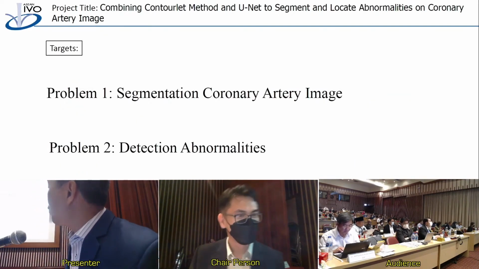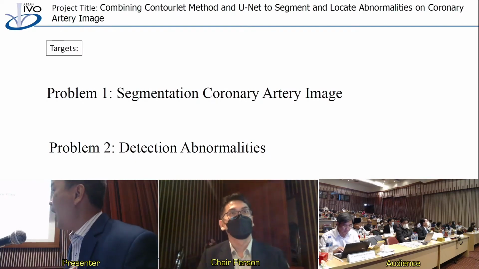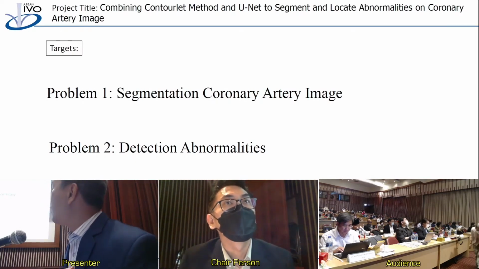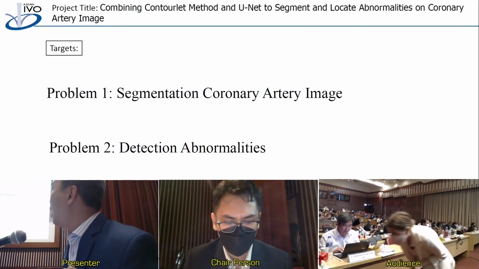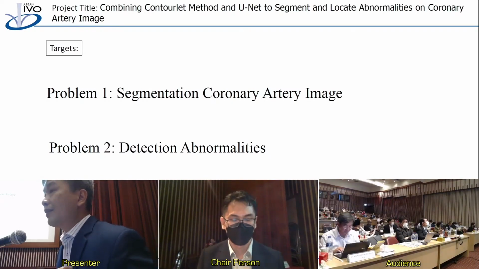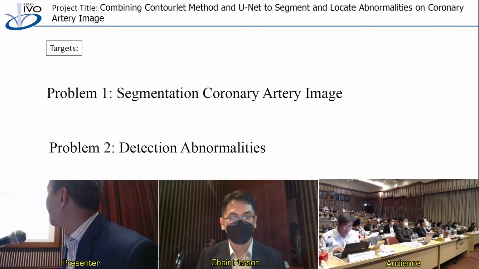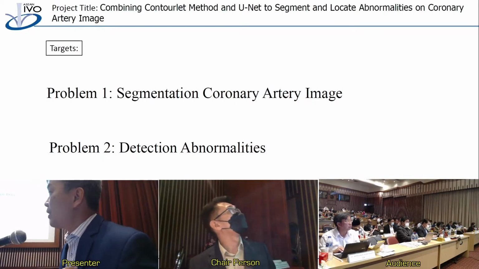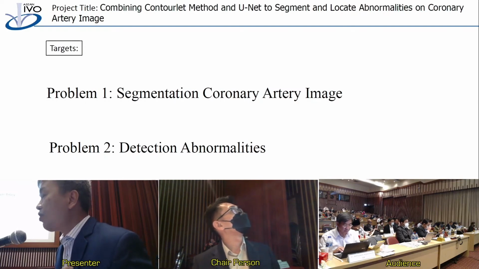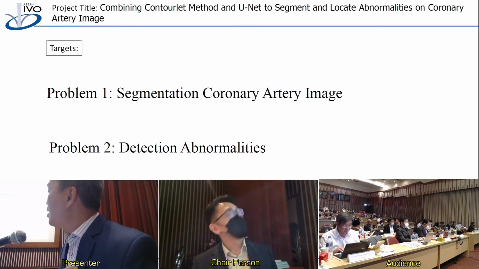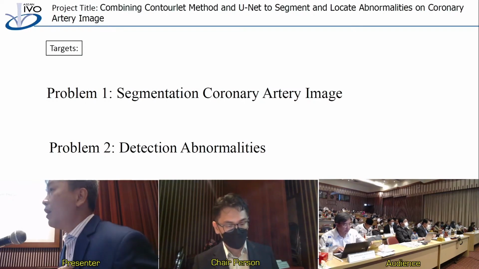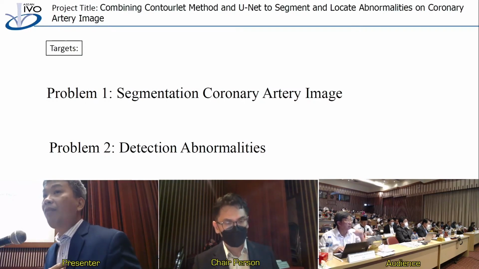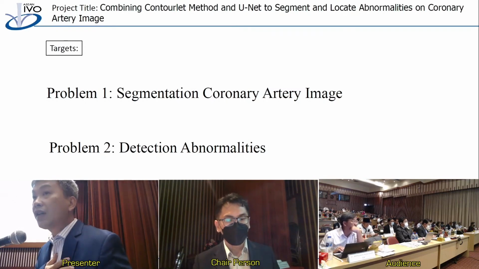So this is the target. We have two problems. The first, from the image, how can we know where the coronary artery is? We can use some technique or method to solve this by segmentation. The second problem, we detect the abnormalities and locate them on the vessel.